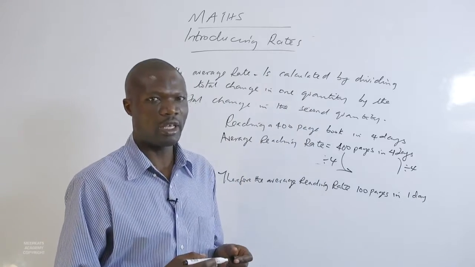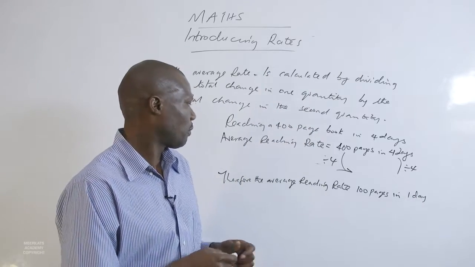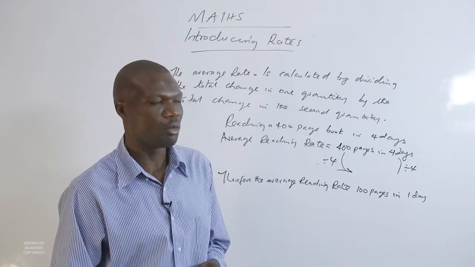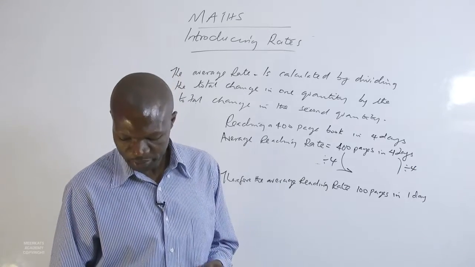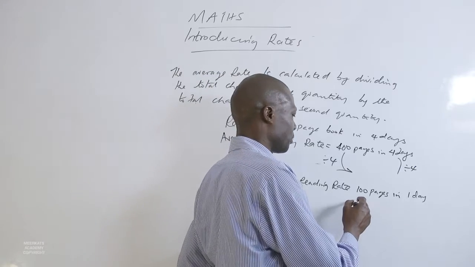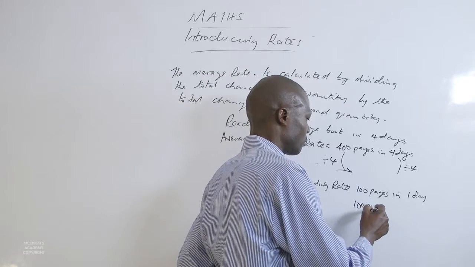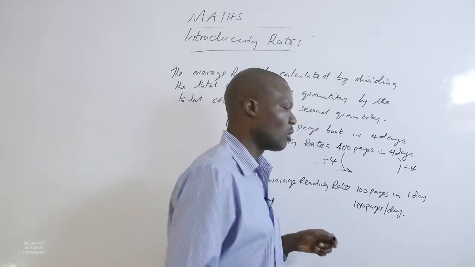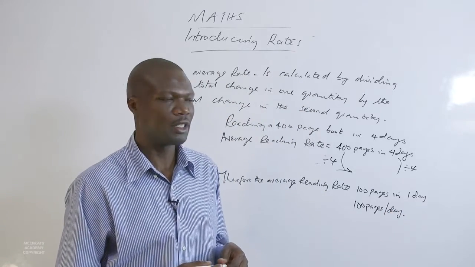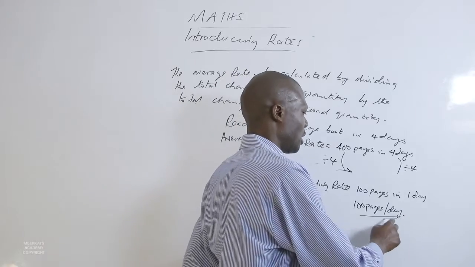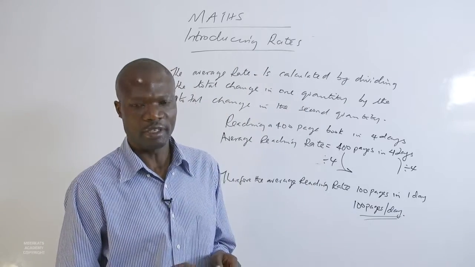So we are saying here that the average reading rate is 100 pages in 1 day, which can also be written as 100 pages per day. This is the average reading rate.